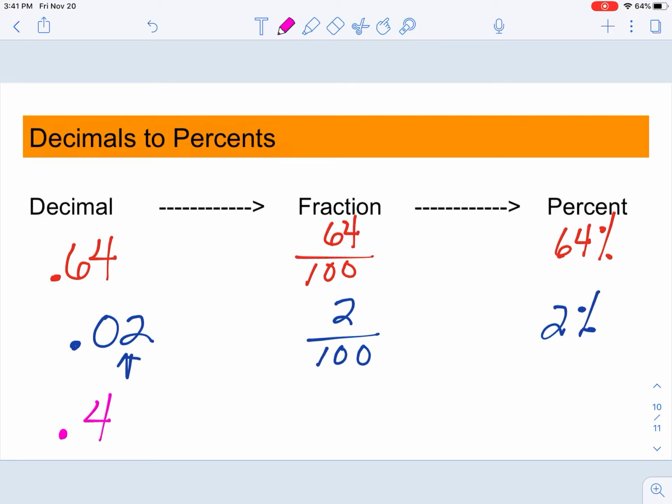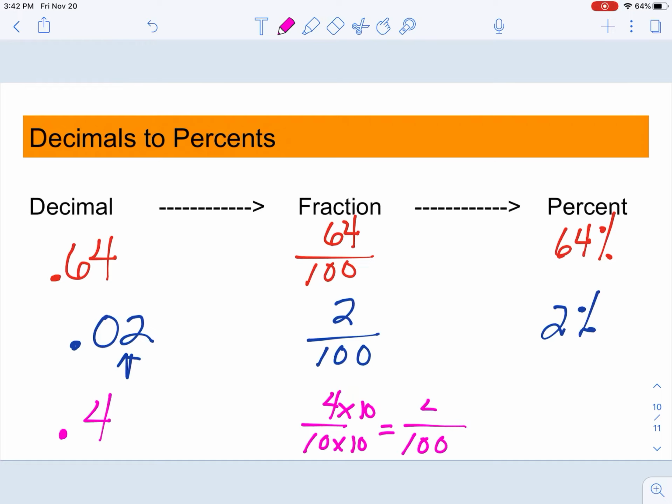Let's do 4 tenths. So let's say we want to turn 4 tenths into a percent. I first could write it as a fraction, 4 tenths. But remember, percents always have to be out of 100. So I can do a couple things. I can multiply the top and the bottom by 10 so that my denominator becomes 100.